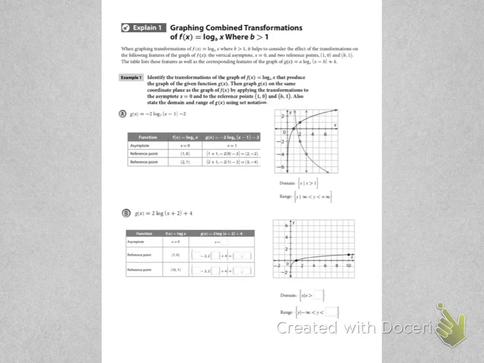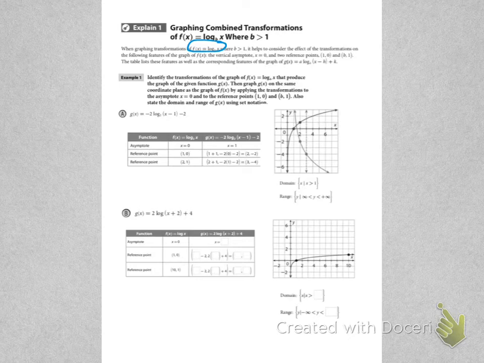So as usual, once we learn about these graphs and their characteristics, then we want to transform them. We want to move them around, shift them, reflect them, things like that. So when graphing transformations of the log base b of x, where again we use b just in general, so this really pertains to any log graph where b is greater than 1, it helps to consider the effect of the transformations on the following features of the graph of f of x.